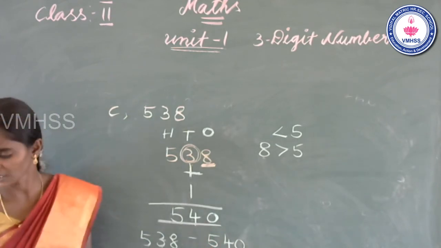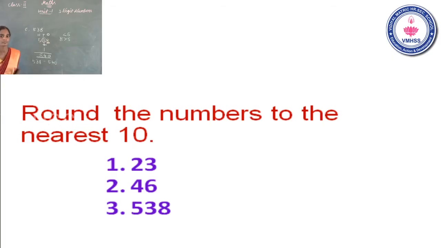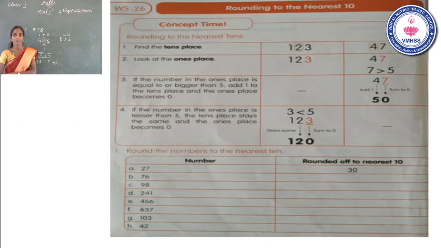Okay, next one. Look at the slide. Worksheet: rounding to the nearest 10. Children, listen. A is already done for you. So B. Listen to the B question.